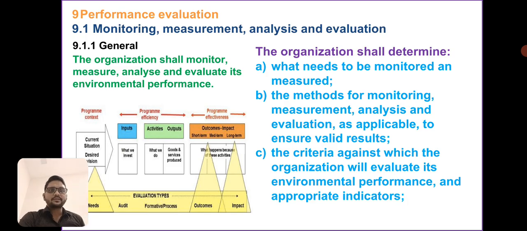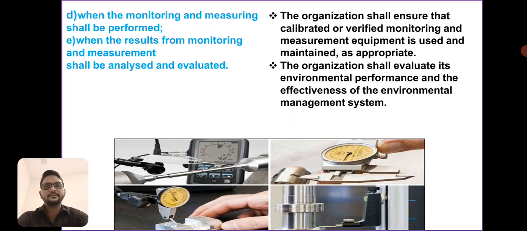Now, the organization shall determine what needs to be monitored and measured, and the methods for monitoring, measurement, analysis and evaluation, as applicable, to ensure valid results; the criteria against which the organization will evaluate its environmental performance, and appropriate indicators. And next, when the monitoring and measuring shall be performed, and when the results from monitoring and measurement shall be analyzed and evaluated. The organization shall ensure that calibrated or verified monitoring and measurement equipment is used and maintained as appropriate.